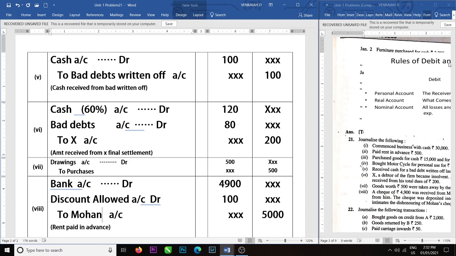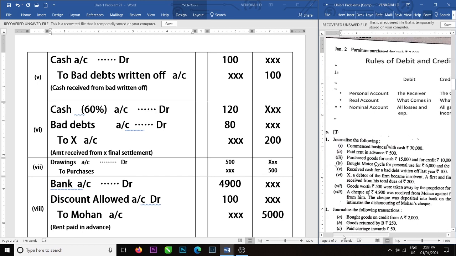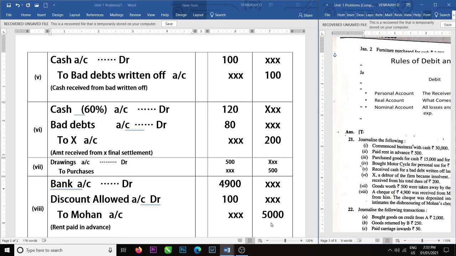Mohan is a personal account and he is the giver. According to the rules, giver is credited. Now Mohan account is settled.